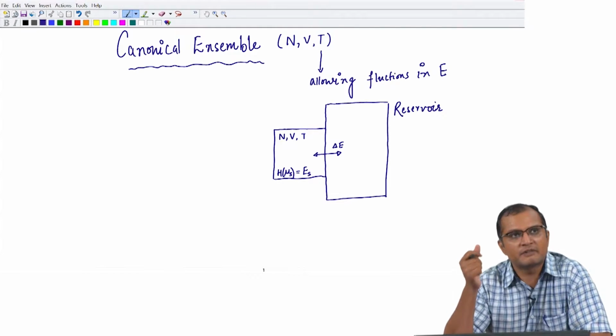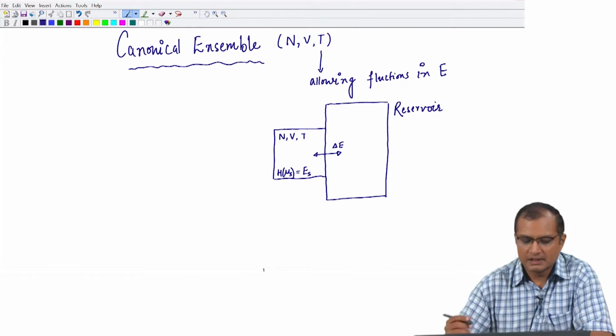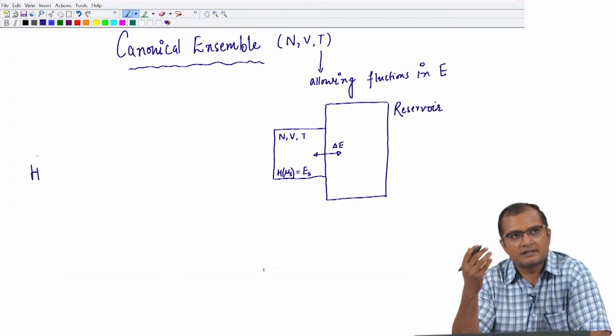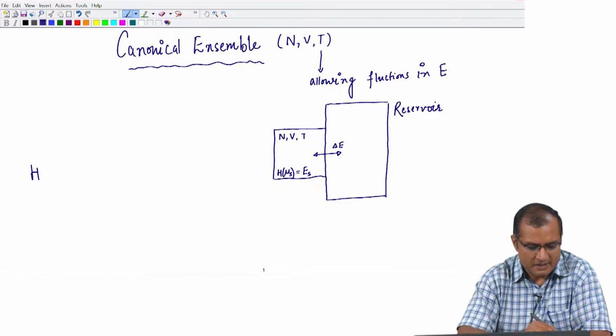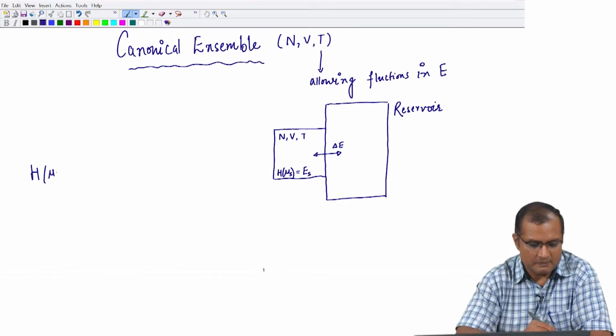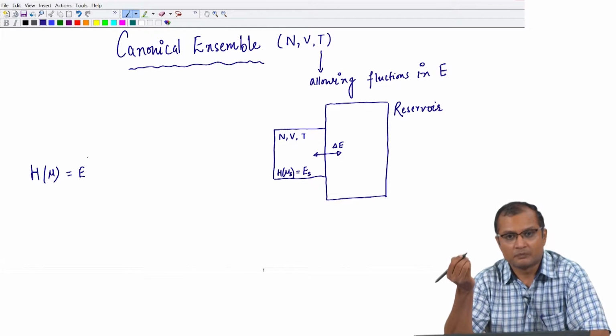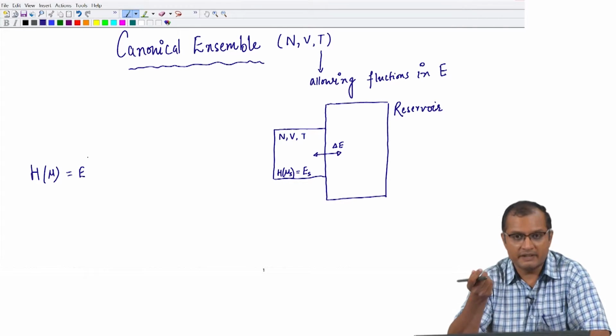So, the difference between Hamiltonian and energy is the following. The Hamiltonian is the energy of a microstate, so in some sense it is already carrying instantaneous information of the system. If I have a microstate mu, I can say that the microstate has an energy E, but this is not an average energy.